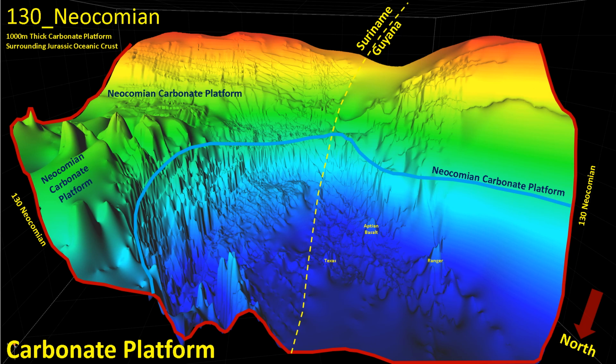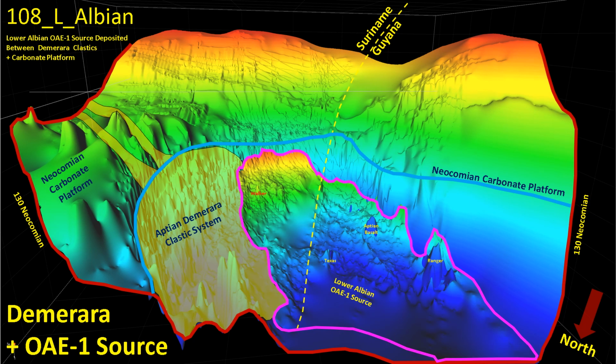The next phase is the deposition of the lower Albian OAE1 source rock, confined by the Aptian clastic system here and the Neocomian carbonate system around the corner there. So that's the location of the lower Albian source rock.